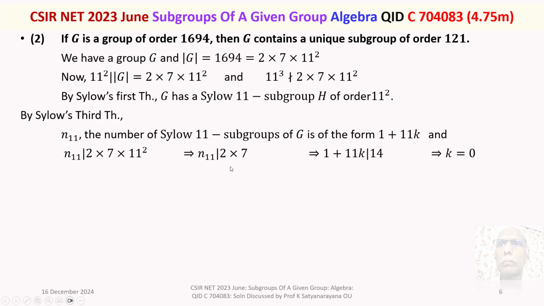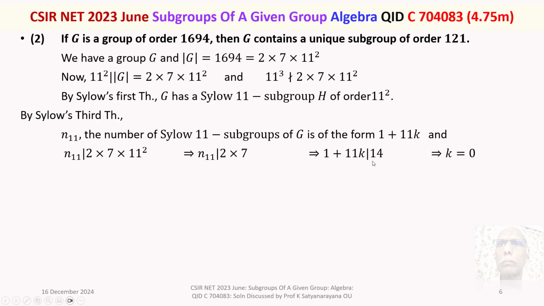And further, N11 is of the form 1 plus 11k divides 2 into 7 into 11 square. So 1 plus 11k obviously does not divide 11 square. Therefore, 1 plus 11k divides 2 into 7, and that is 1 plus 11k divides 14.